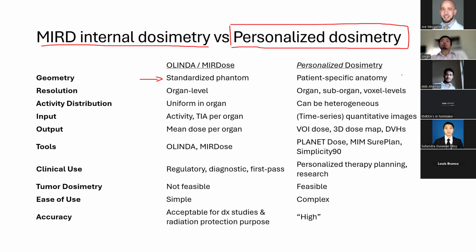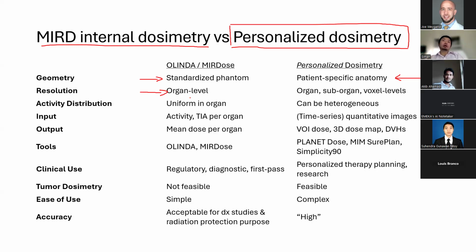Whereas personalized dosimetry needs to be patient specific, like an image of the patient or a model of that patient. And for resolution, MIRD is organ level. It doesn't make sense to go to the tumor since this is a model, right? Let's say you're interested in the tumor in the liver, and you cannot do it with the MIRD schema with an electronic phantom because it's not even the patient, right?